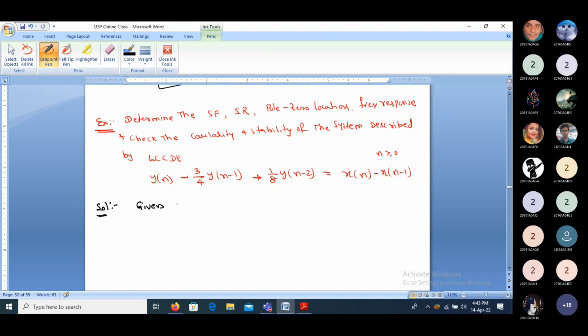In the examination also you can follow the same procedure, then we can get good marks. For the given equation, y of n minus 3 by 4 into y of n minus 1 plus 1 by 8 into y of n minus 2 is equal to x of n plus x of n minus 1.